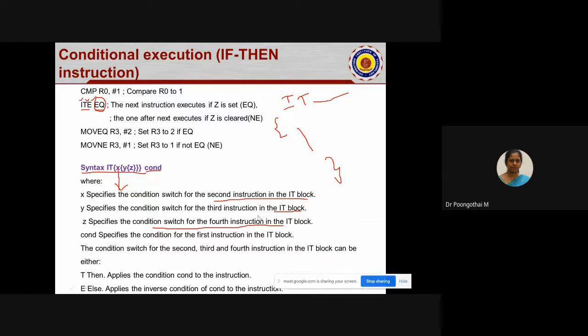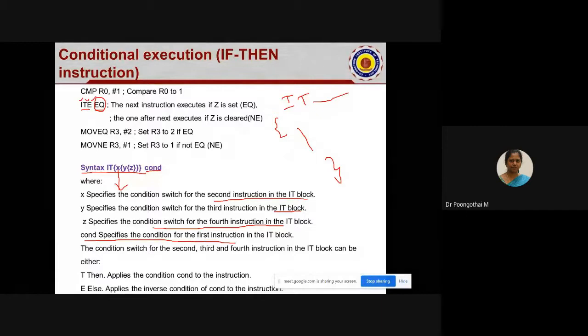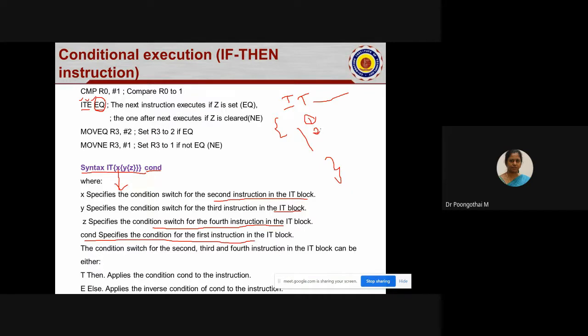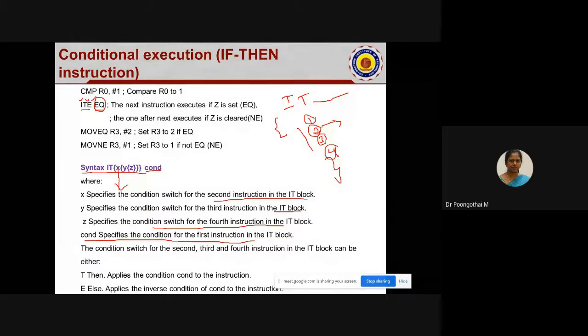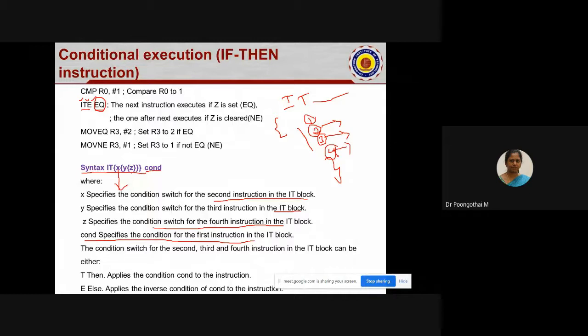IT block is nothing but an if-then block, and the COND specifies the condition for the first instruction. So we can have 4 instructions: first, second, third, and fourth. X specifies the condition switch for the second instruction, Y for the third, Z for the fourth, and COND holds the condition for your first instruction.